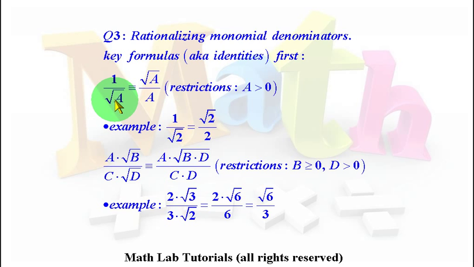Normally, in mathematics, we do not like to see radicals in the denominator. Okay, so if we remove any radicals in the denominator, it's called rationalizing. So when somebody says rationalize the denominator, it means to remove the radical in the denominator. So it's a very fancy word for annihilate the radical in the denominator.